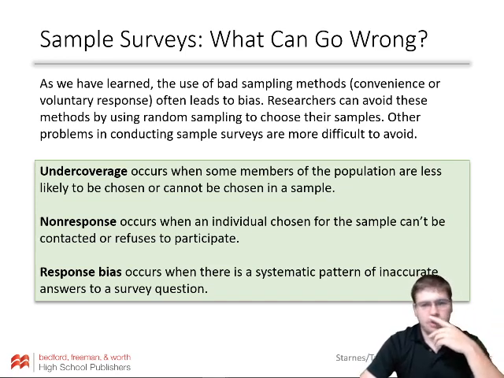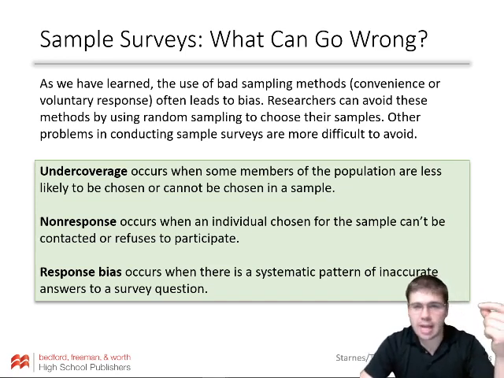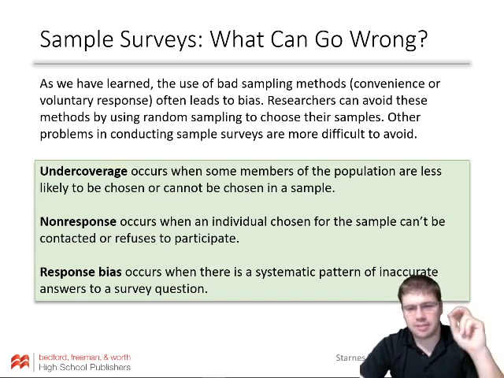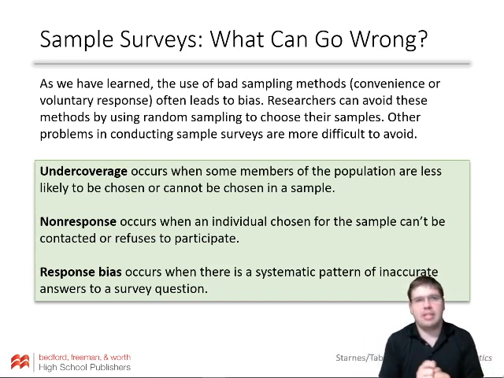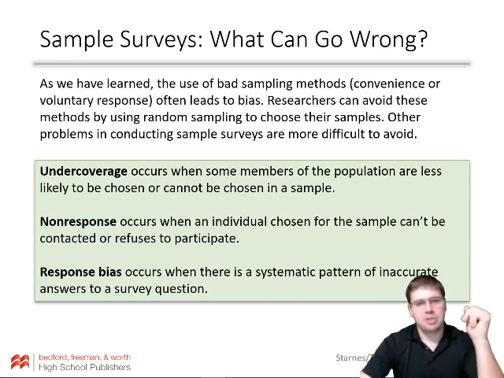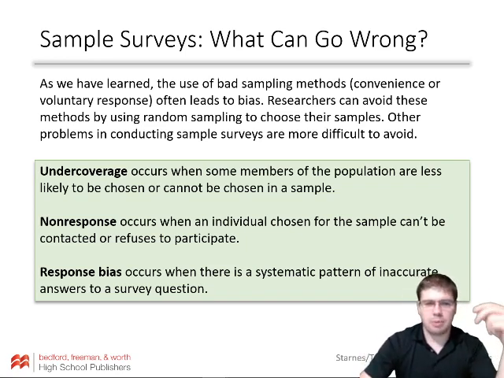It can be related to who's asking the questions. If somebody surveys you, you might react differently depending on their gender, or if it's a uniformed officer versus somebody casual. There are a lot of things that affect people's responses, and if there's some sort of systematic pattern.